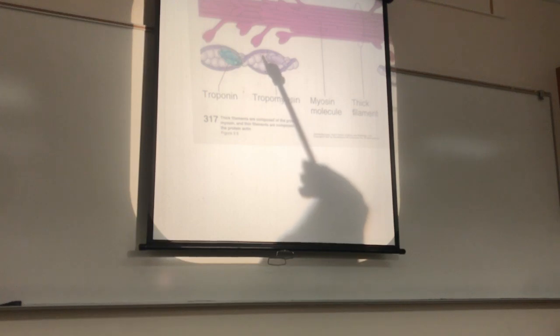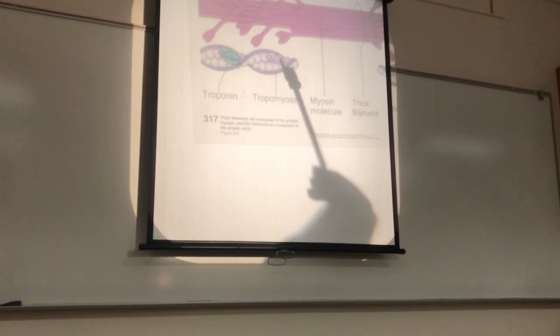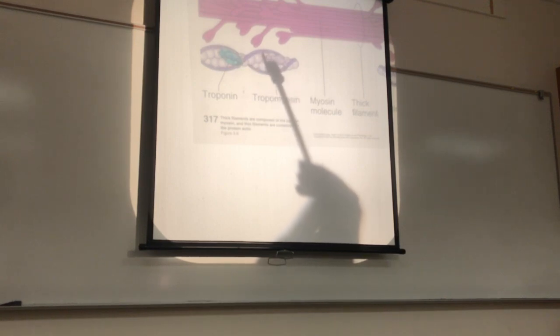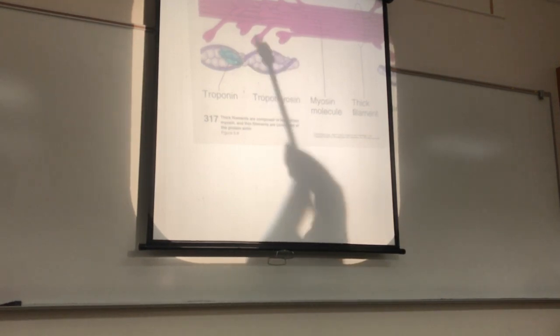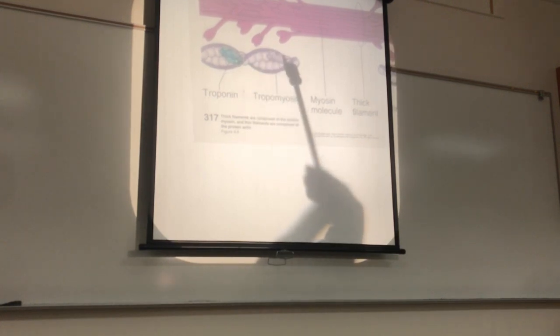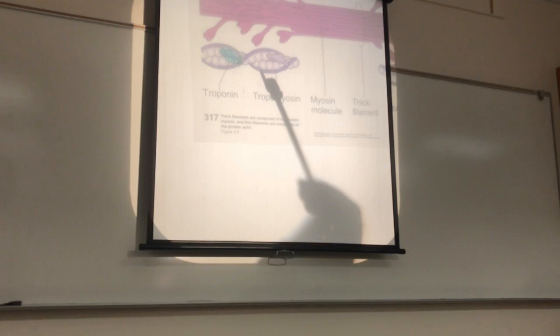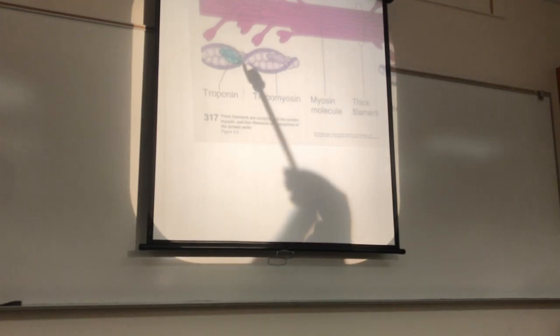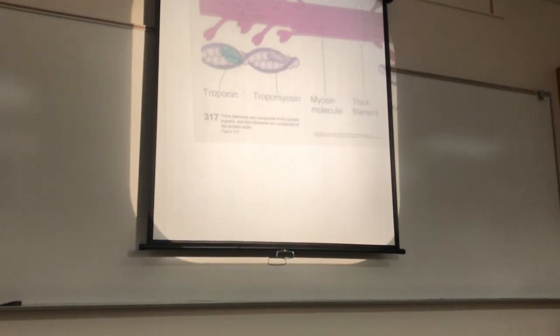In the picture, there's a little red dot on each of these ping pong balls. That is where the myosin head wants to attach. If the tropomyosin is in the way, the myosin cannot form a cross bridge with the actin. So when your muscle cells are relaxed, the tropomyosin is lying in this groove, physically blocking the ability of the myosin to attach to the actin.